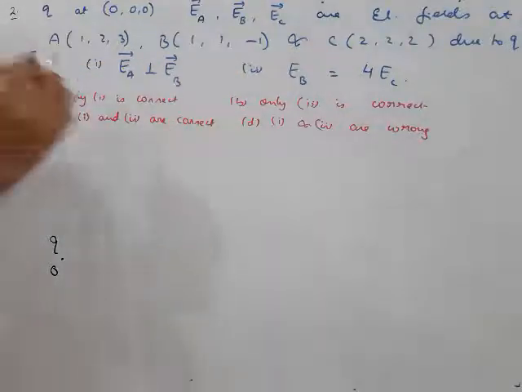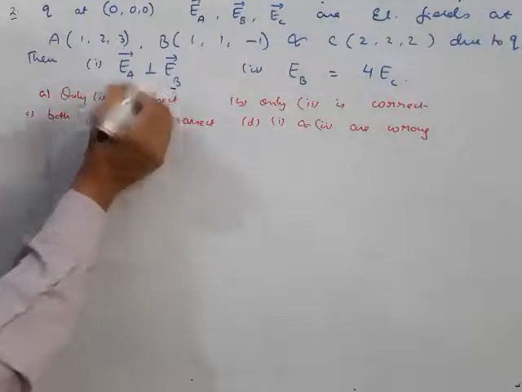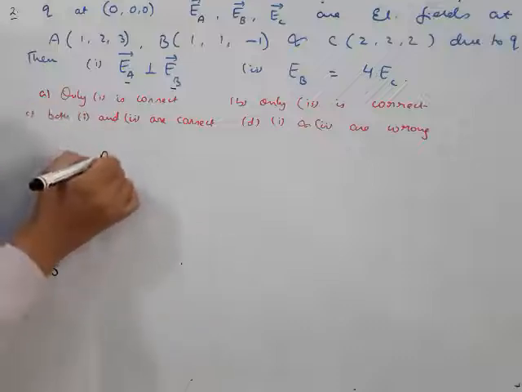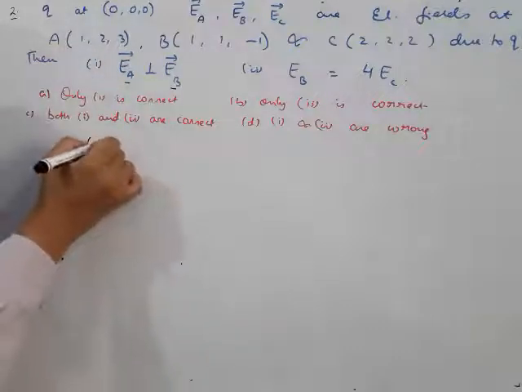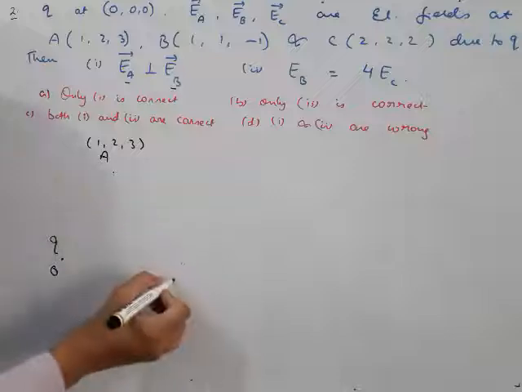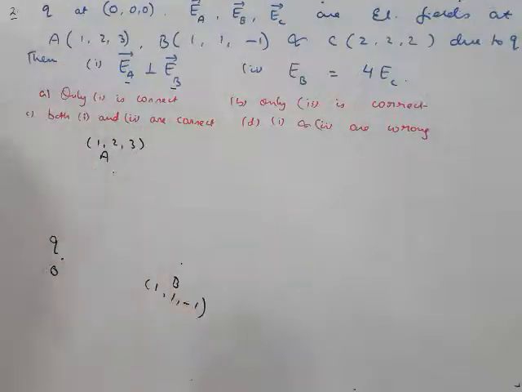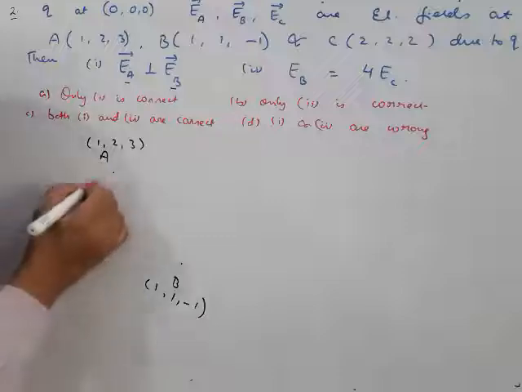So 2 things we have to do. First, you have to see the directions of EA vector and EB vector. Now what is point A? Point A is 1, 2, 3, and point B is 1, 1, minus 1. These are the 2 points A and B. If this charge is positive, we assume this charge to be positive, then the direction of electric field due to this charge at points A and B will be like so.